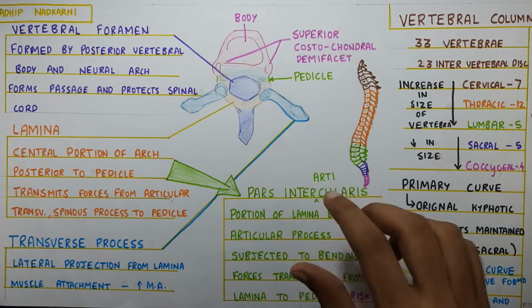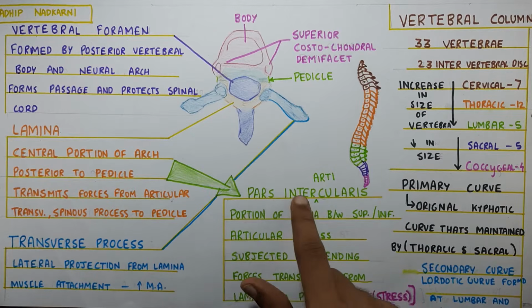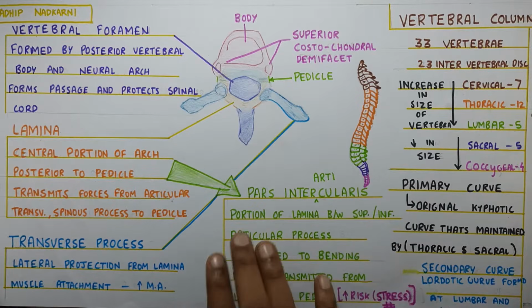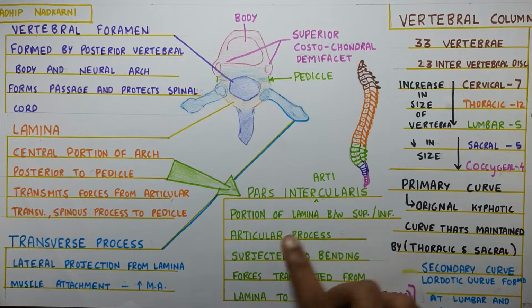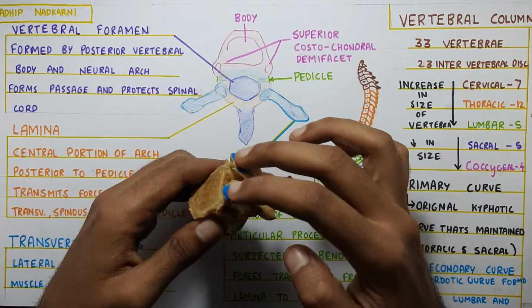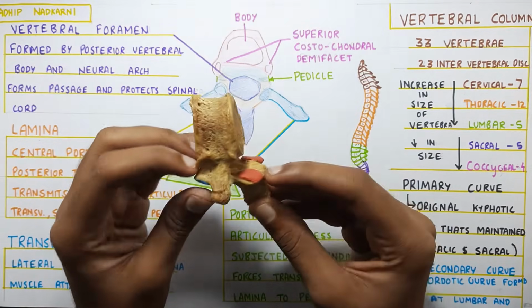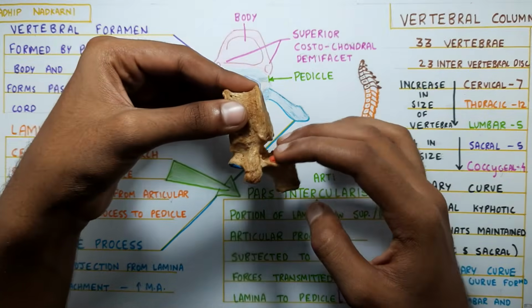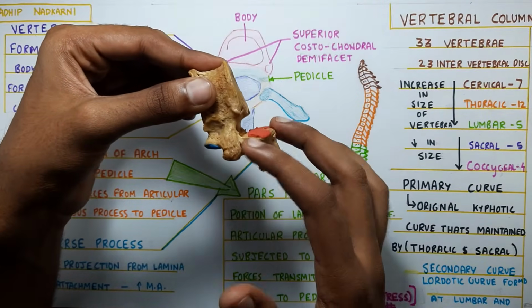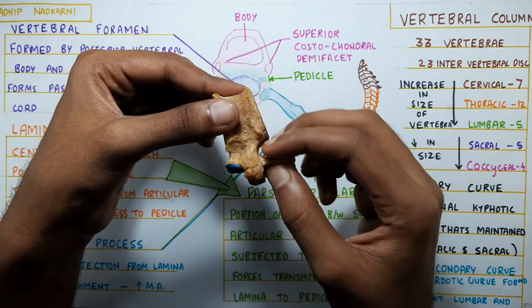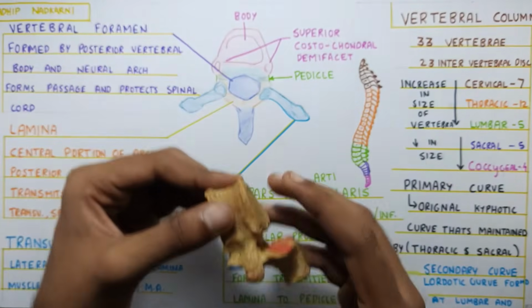Okay, now this lamina has a part called the pars interarticularis, which is a portion of lamina between the superior and the inferior articulating processes. As you can see, this is the superior articulating surface and the inferior articulating surface, and between this and this, this part is called the pars interarticularis.